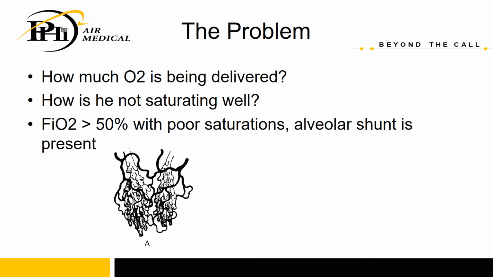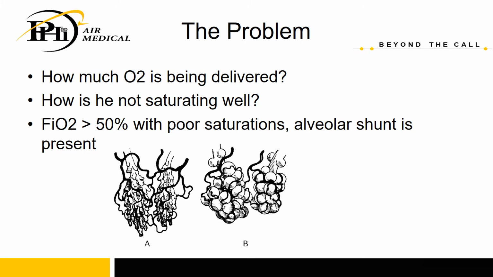Now, how do we solve this problem? We solve it with pressure, right? We need to not only take that flow that we're giving them, that 100% FiO2, but we need to put some pressure behind it in order to hopefully start to recruit those alveoli. And how do we do it? We do that by adding PEEP into this scenario.